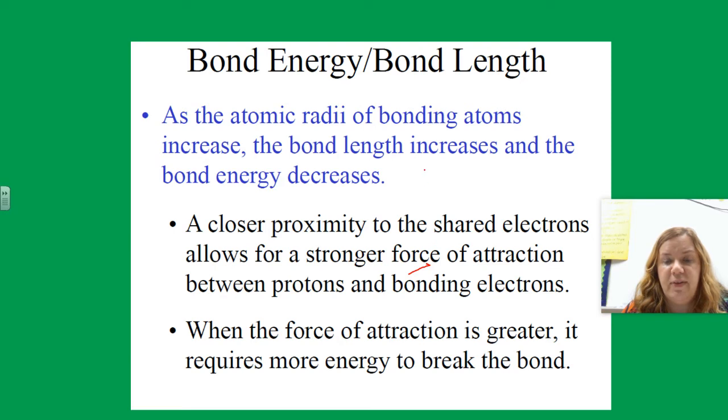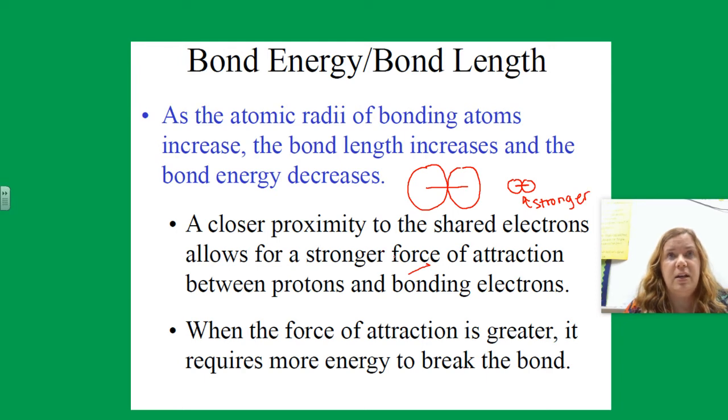If you have a larger atom, for example, bonded to another atom, then as the radius gets bigger, your bond length is going to increase. Whereas if you have a smaller radius, you're just going from nuclei to nuclei. So actually this one's going to be stronger because the Coulombic forces are less.